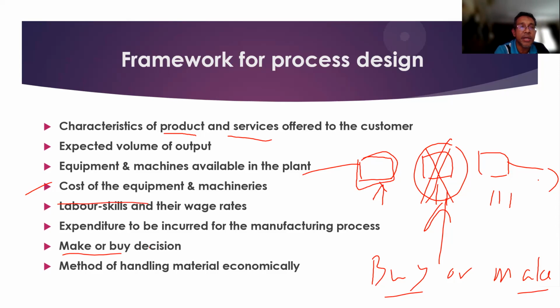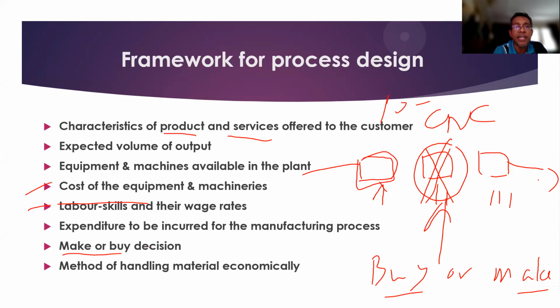So you need to consider that, and then number 5 is the level of skill. If you need to buy a new machine, for example, a CNC machine, the CNC machine is a very complicated machine.